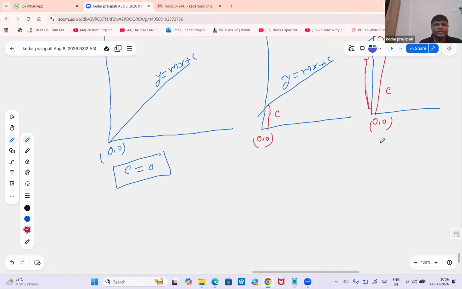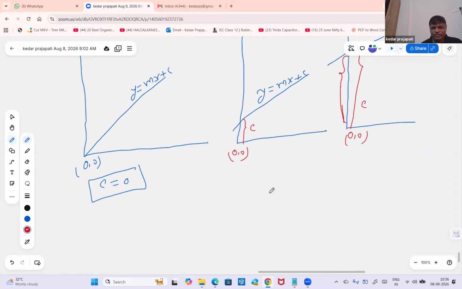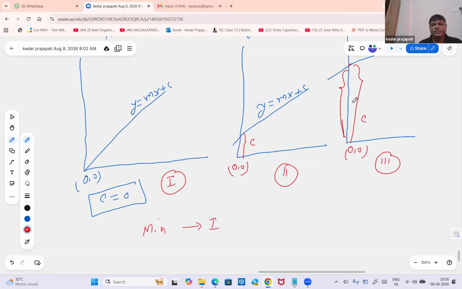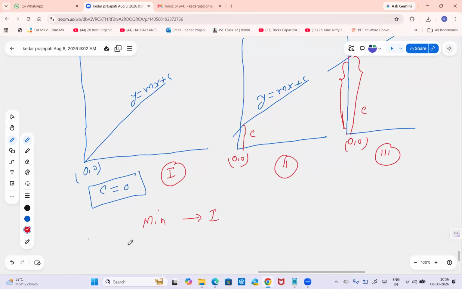Now tell me in which case intercept is more and which case intercept is 0. I mean, this is first case, second case, this is third case. So minimum intercept is S1 and maximum is S3.